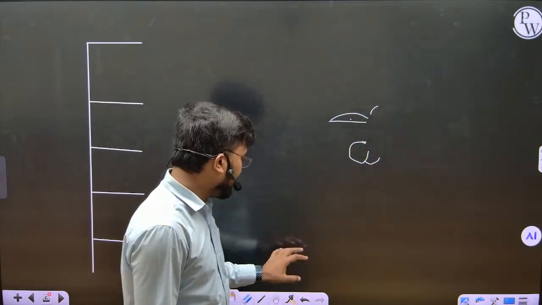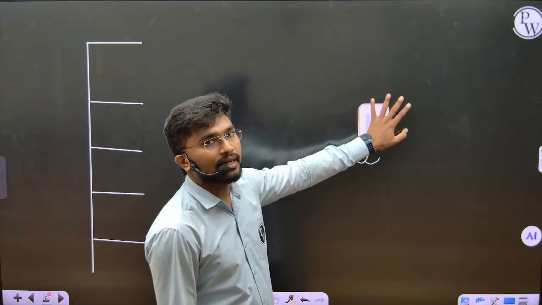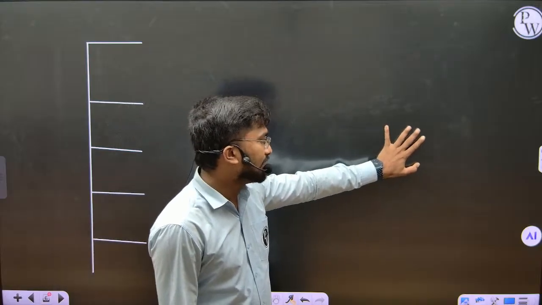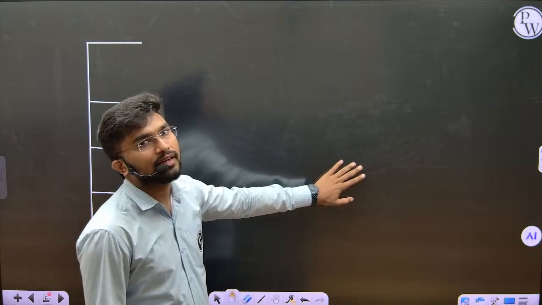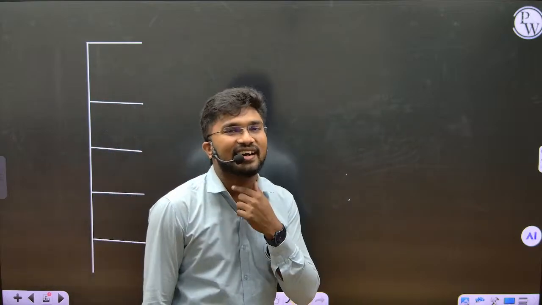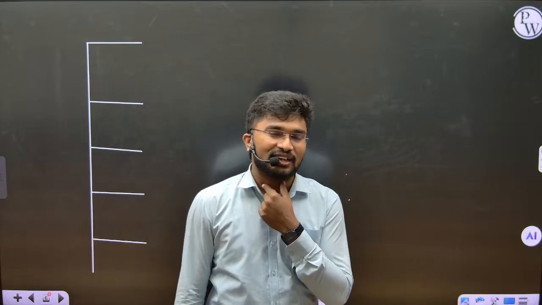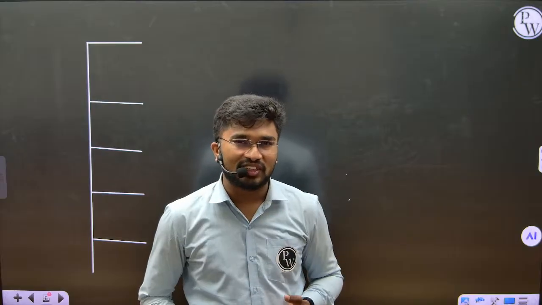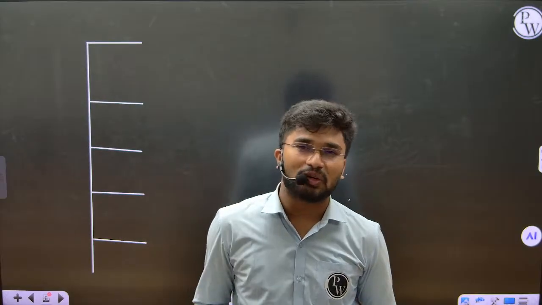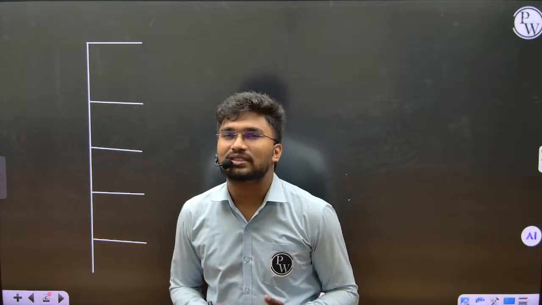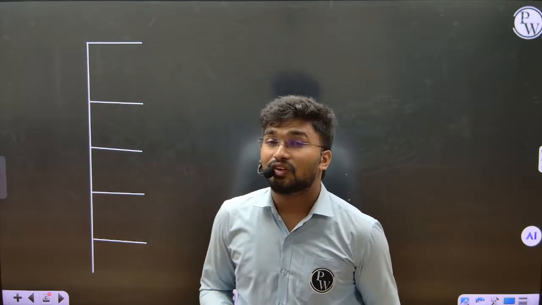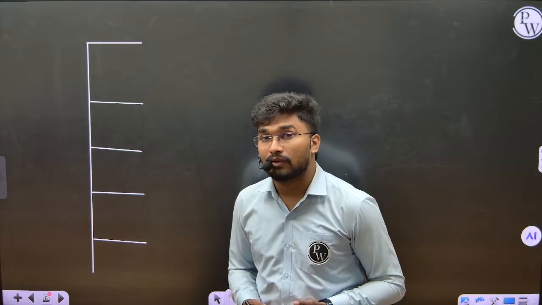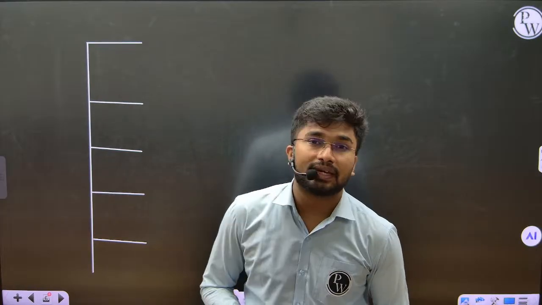Then we studied cuboidal epithelium, right? Cuboidal epithelium is present in the thyroid follicle. The thyroid gland is above the trachea. The function of the thyroid gland is to produce thyroid hormones, T3 and T4. T3 and T4 hormones are required for maintenance of BMR. The full form of BMR is basal metabolic rate.